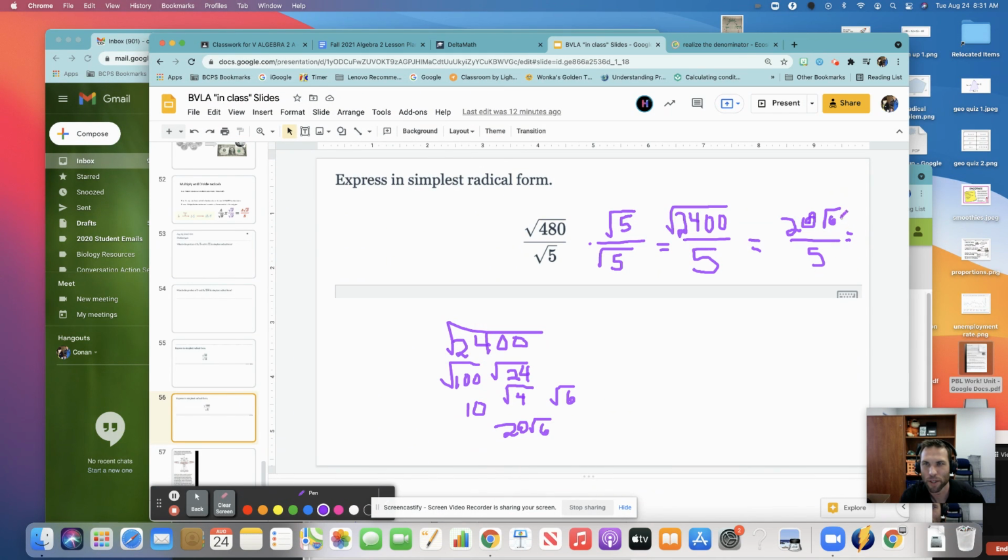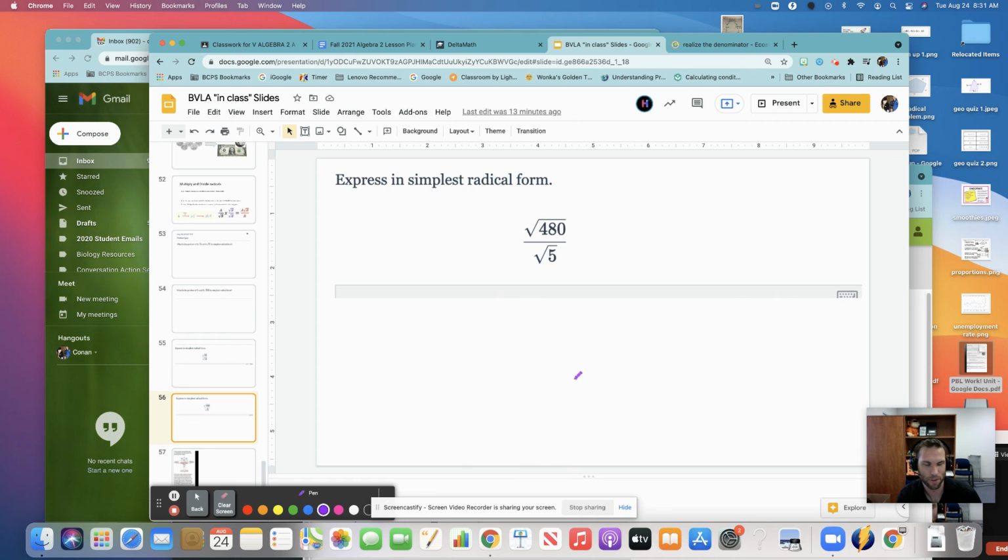So 20 and 5, this is what we're going to look at here, and if you reduce that fraction, that is going to take you down to 4 root 6 over 1, and since it's over 1, you don't have to put it in. Okay? All right, so that's how to do it, and hopefully that helps. Good luck. Let me know if you have any questions.